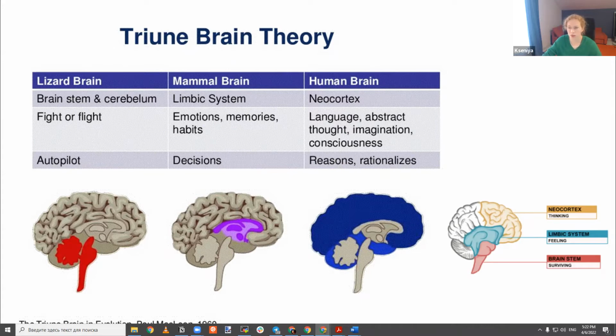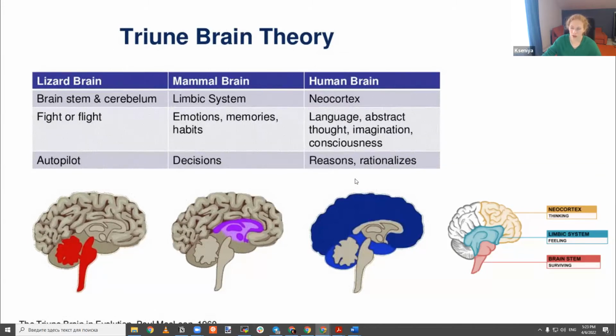He published the book The Triune Brain in Evolution. This brain consists of the reptilian complex, the paleomammalian complex, and the neomammalian complex or neocortex. The paleomammalian complex means the limbic system here.